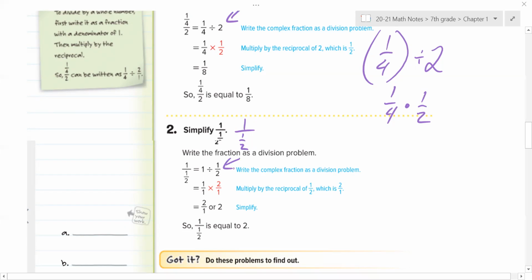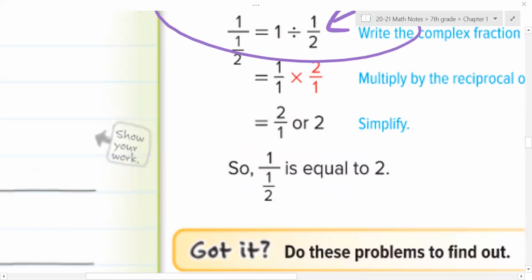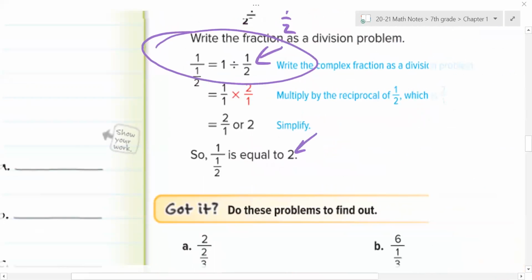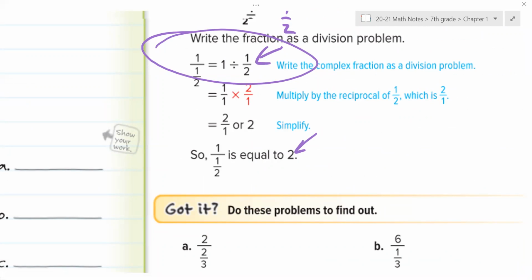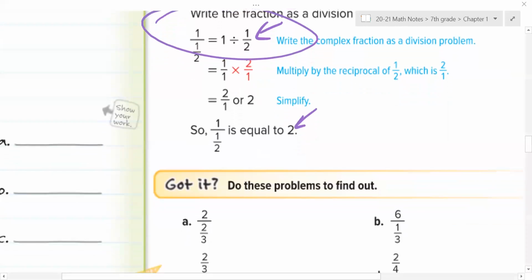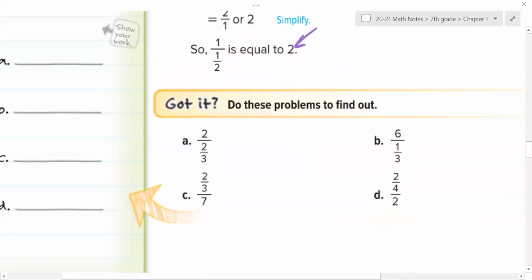We multiply by the reciprocal, but since we're using calculators, you could just do that and you would be done, and the calculator will spit out 2. Any questions so far? Okay, let's do these problems to figure it out.